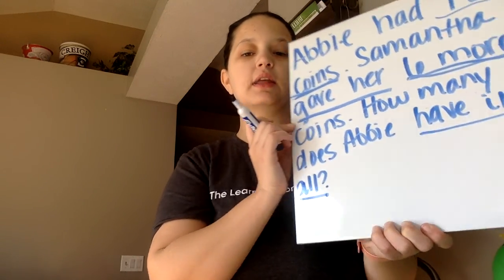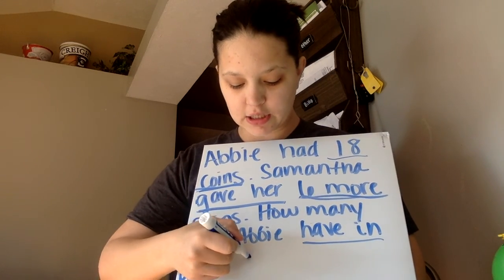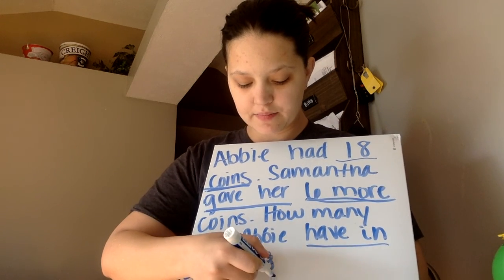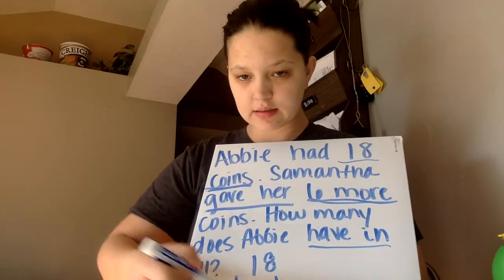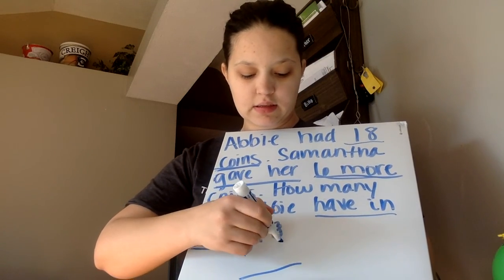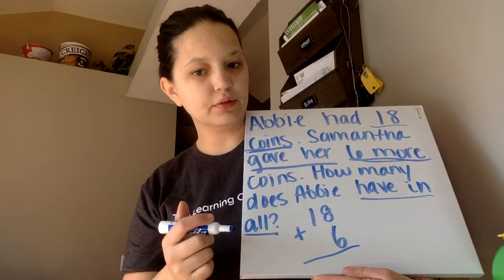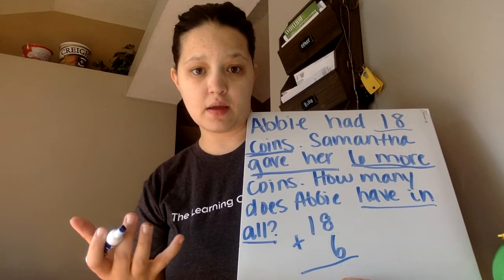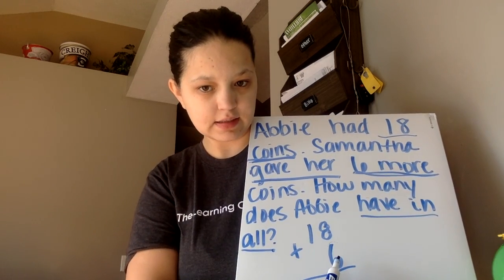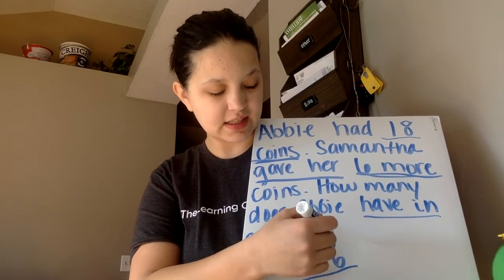So determining the type of problem. So this is going to be an addition problem. So this is going to be 18 plus 6. Oops, sorry, I'm writing it backwards. So first thing I do, I look at my ones. So 8 plus 6, well, I know 8 plus 2 is 10.